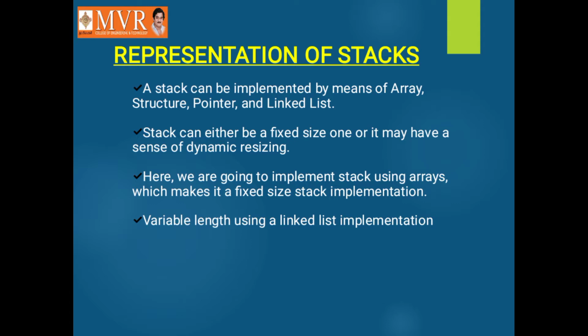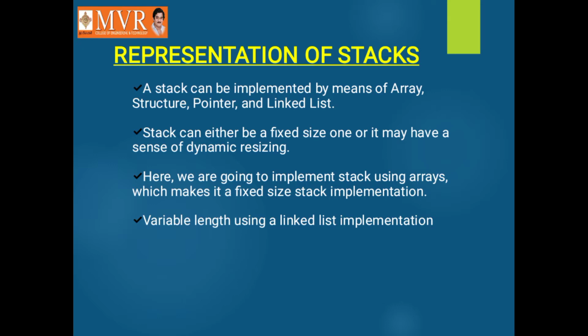A linked list can be resized and is called a dynamic data structure, and an array is called a static data structure because its size cannot be changed. So representation of stacks in memory is done mainly in two ways: one using arrays and the other using linked lists.